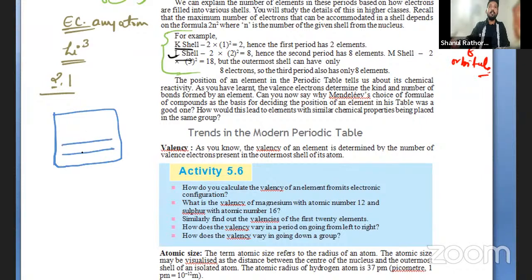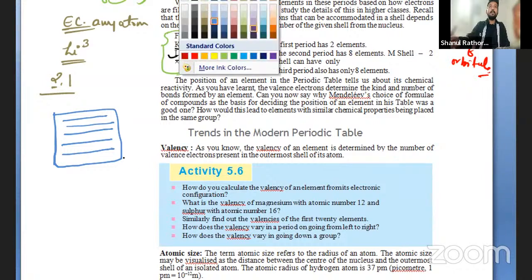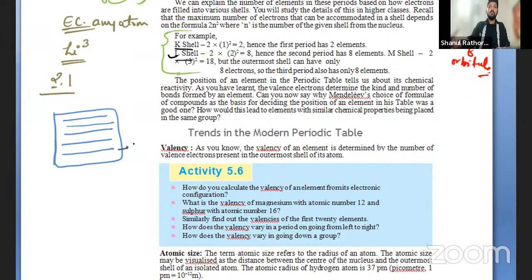We will give them names. Let's say the first row will be 1s, the second row will be 2s, the third will get 3s, and the fourth will get 4s. And if we use the sections, then we will give it as P block, and after that there is D, and after that there is F.